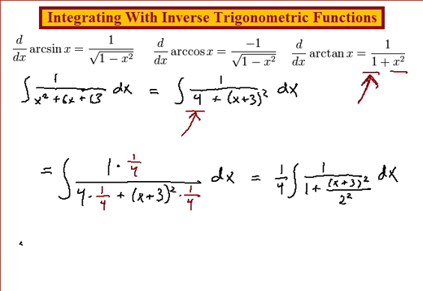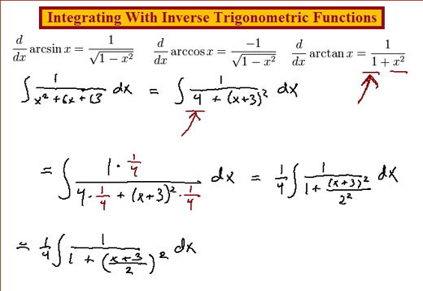We rewrite again. 1/4 of 1 over 1 plus something squared. The something is x plus 3 over 2. Now we're in business. It took a while, but we made it.